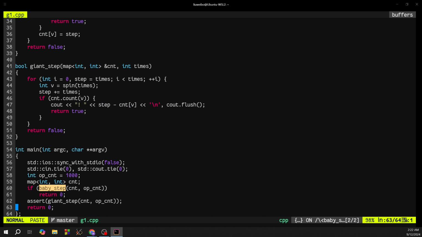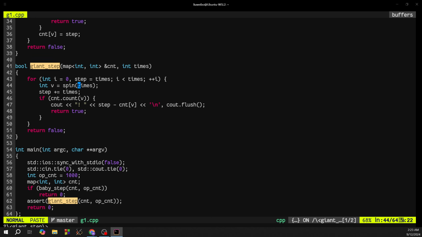If we have not met a loop in the baby steps, then we go to the gigantic steps, and we're assured that we will meet a loop there because n is at most a million. It is the same logic, but notice that this time at the beginning of the gigantic step we don't read, because we haven't spun yet.